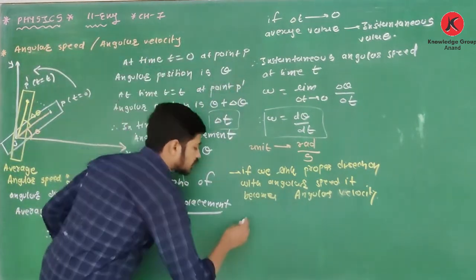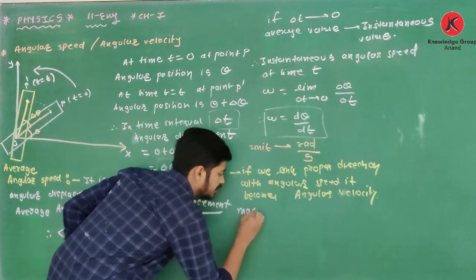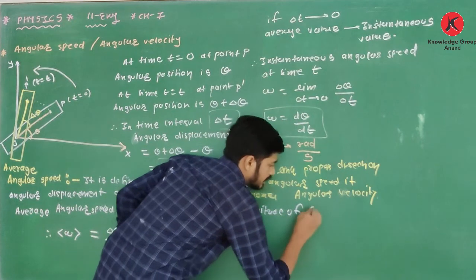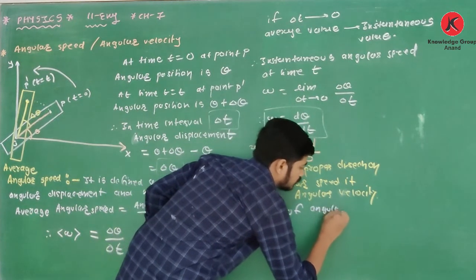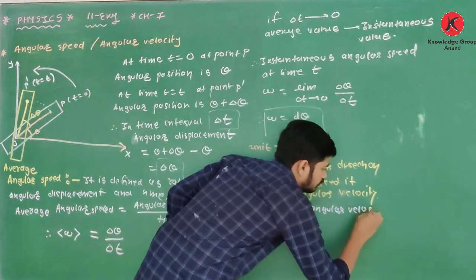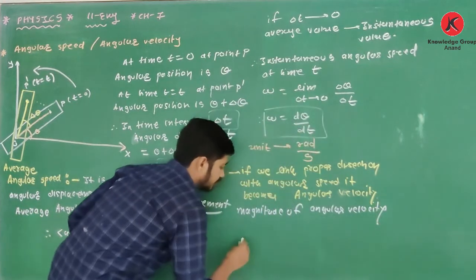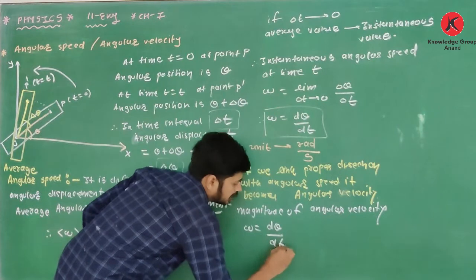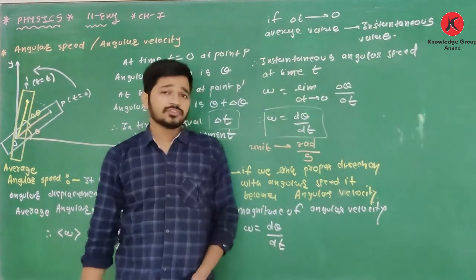The magnitude of angular velocity, omega, is equal to d theta upon dt.